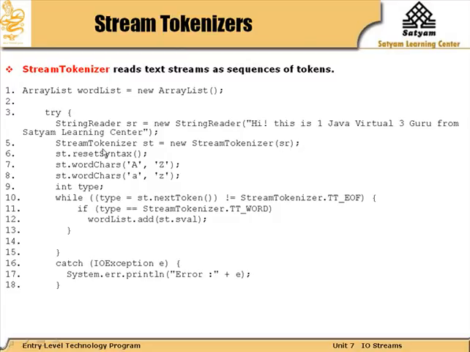At line 5, I am creating a stream tokenizer object, passing the string reader as a parameter. The method resetSyntax is used to clear the default set tokens. However, it may not be required in this example. I am using the method wordChars to set the range of characters that I intend to read.